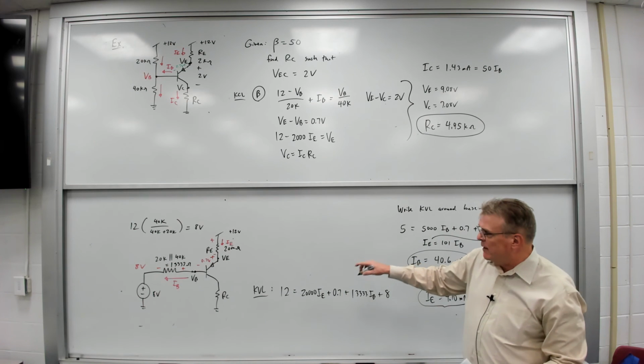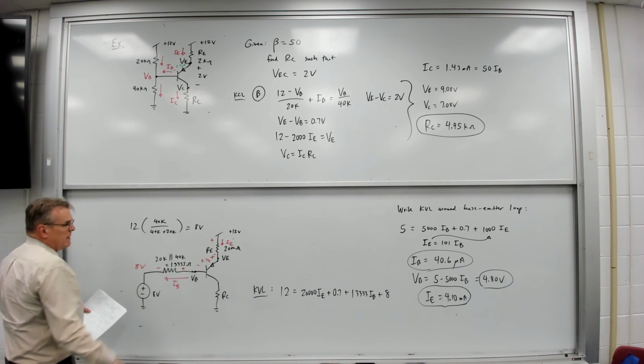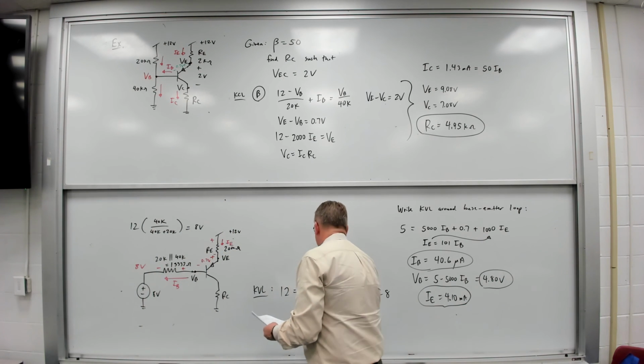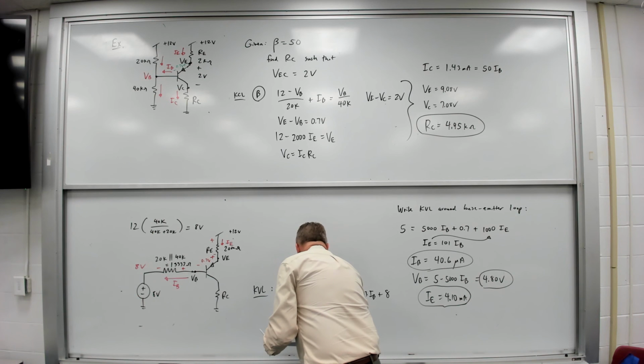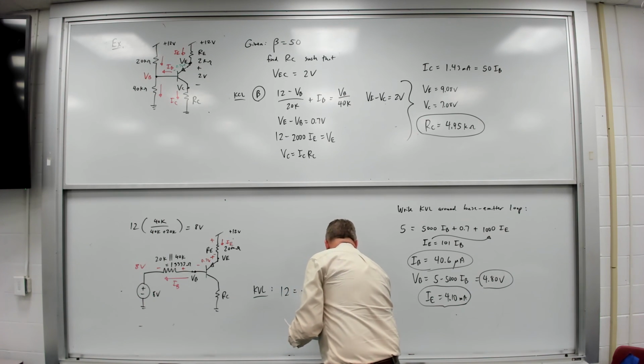So that's my KVL equation going around this loop. And we also know that at the same time, IE will be equal to 51 times IB.